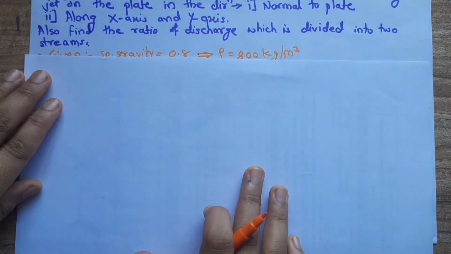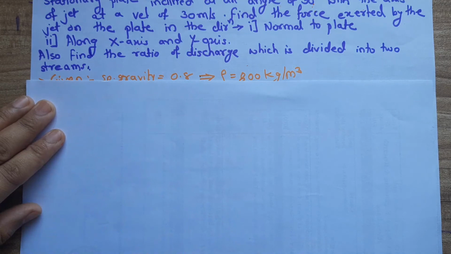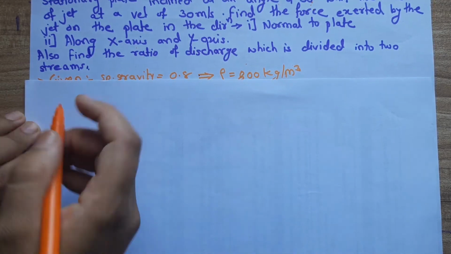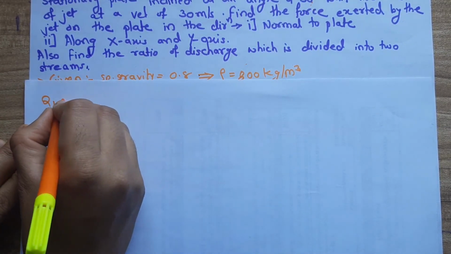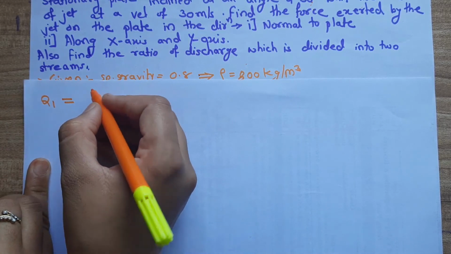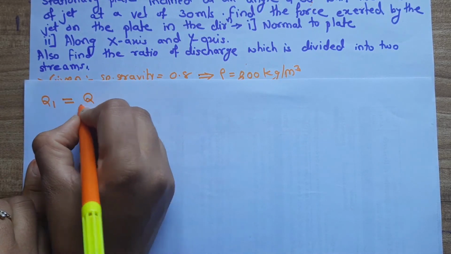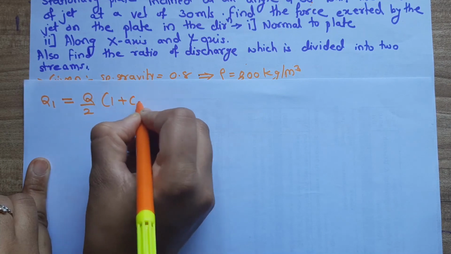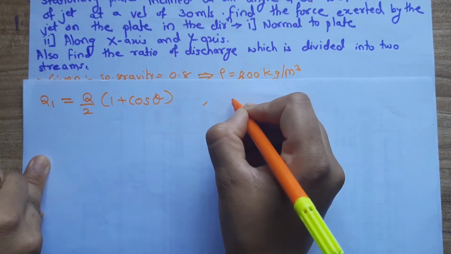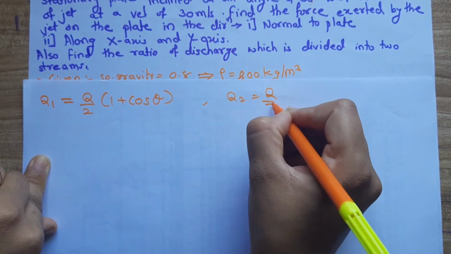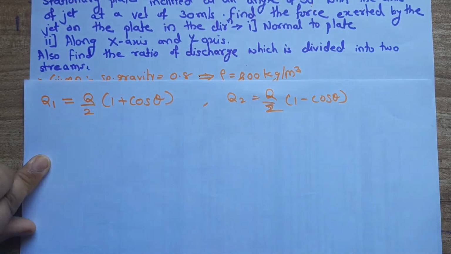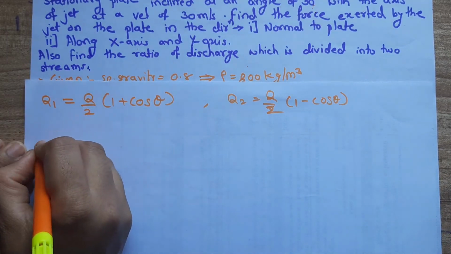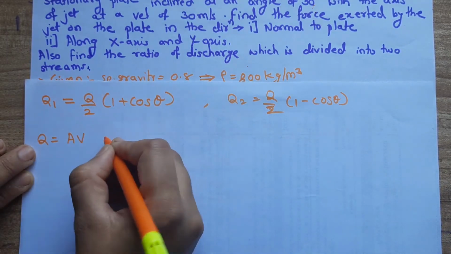Now the next thing asked in this question is to find the ratio of the discharge which is divided into two streams. That means we are supposed to find the ratio of Q1 and Q2. Now we have just found that Q1 is equal to Q by 2 into 1 plus cos of theta, and Q2 is equal to Q by 2 into 1 minus cos of theta. Now what is Q? It is area into velocity.